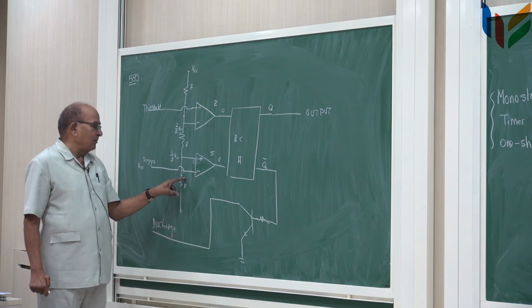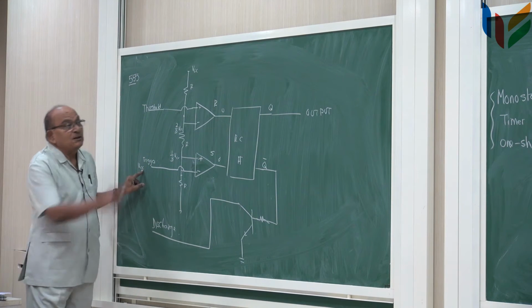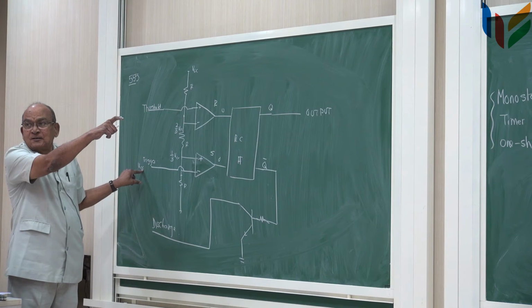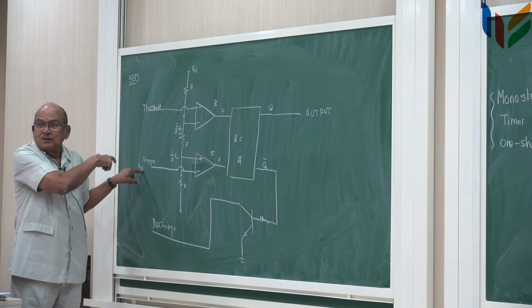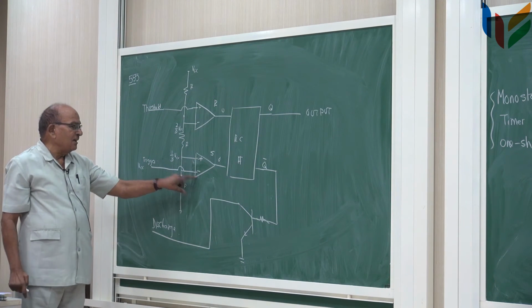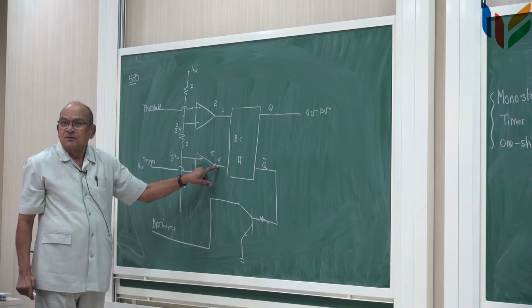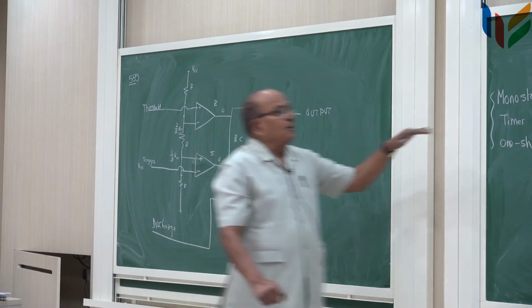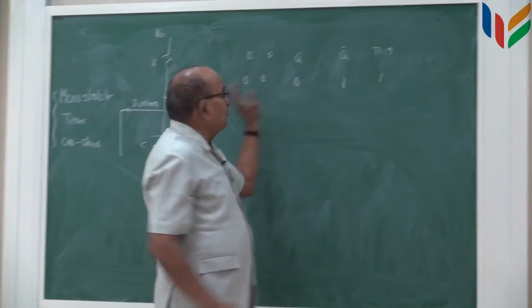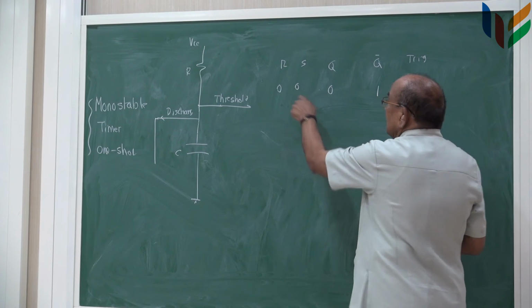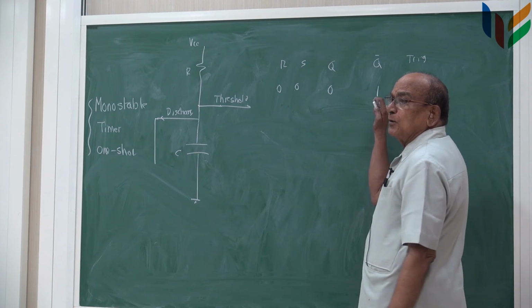Now, let us look at this terminal. This terminal, trigger, is at high, this is VCC level. So this is sitting at high and this is sitting at 1/3 VCC. So this will also be 0. So you have a logic here, truth table, RS is 0, 0 and Q and Q bar are 0 and 1.